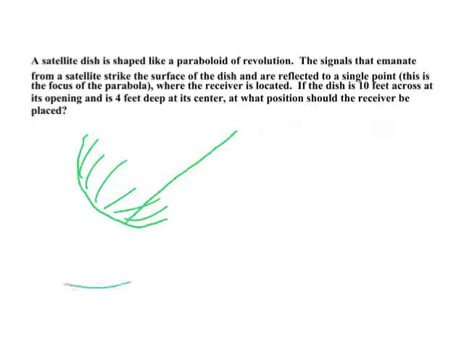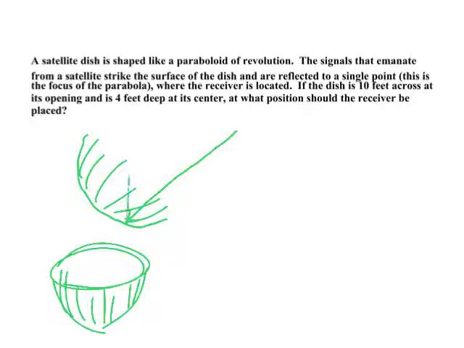So kind of you're rotating around and you have this dish. That's the best picture I can have. But as the signals come in, they're going to reflect off the parabola and reflect to a single location. And this is the structure nature of a paraboloid of revolution. And this point here is called the focus.